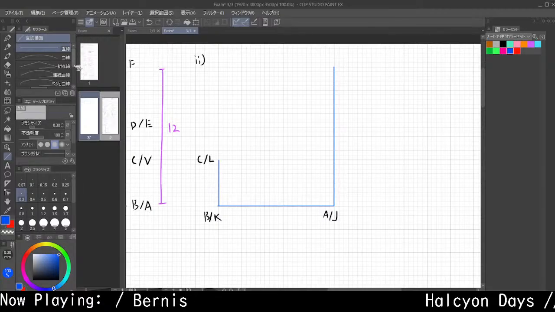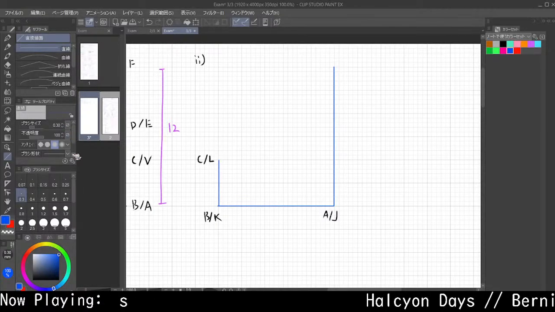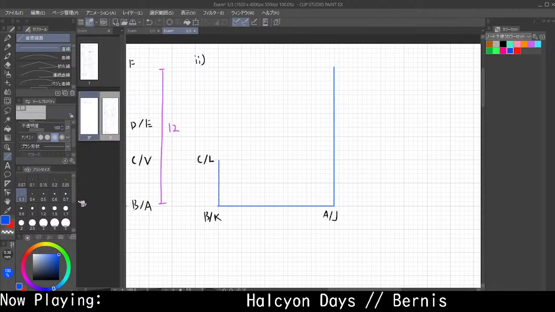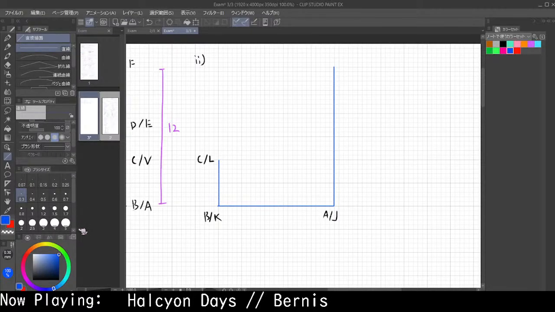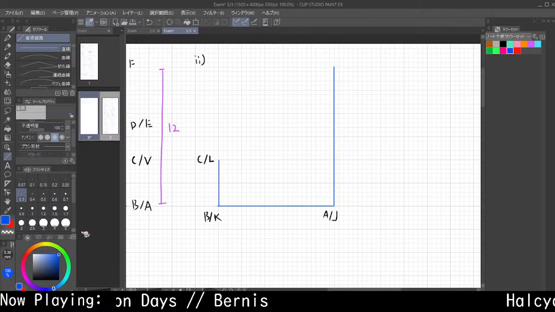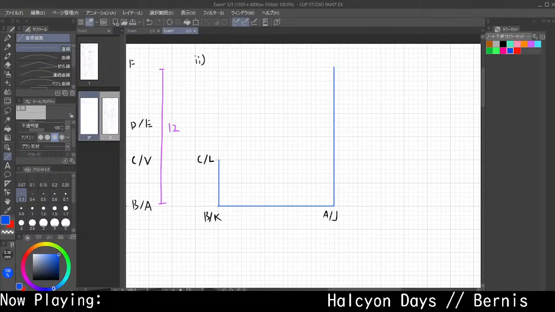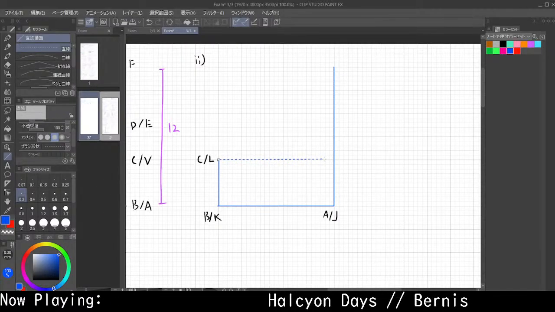Let me find a dotted line shape. It's trying to load. Let me just give it some time. So start from here and then you draw a dotted line like this.